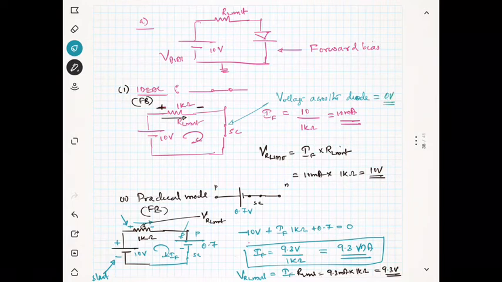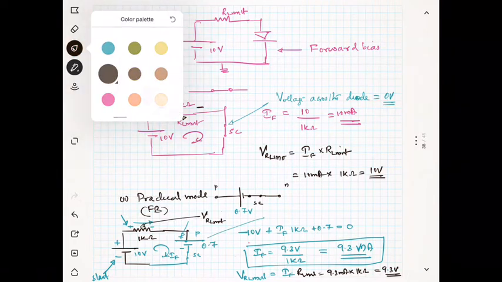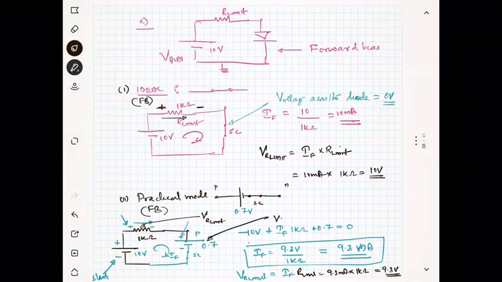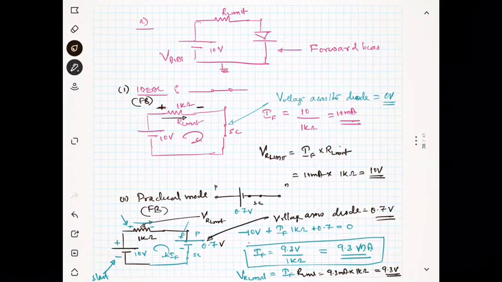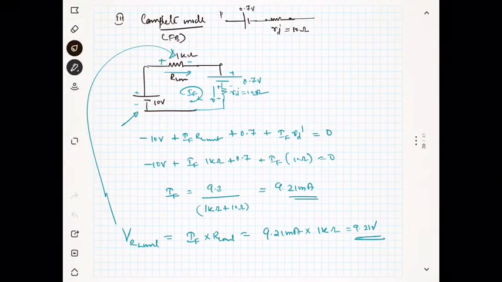Similarly, in the practical model, the voltage across the diode is again 0.7 volt, right? What is the voltage across the diode in the complete model? In the complete model, this is your diode. So this voltage is nothing but 0.7 plus the current IF into RD dash.